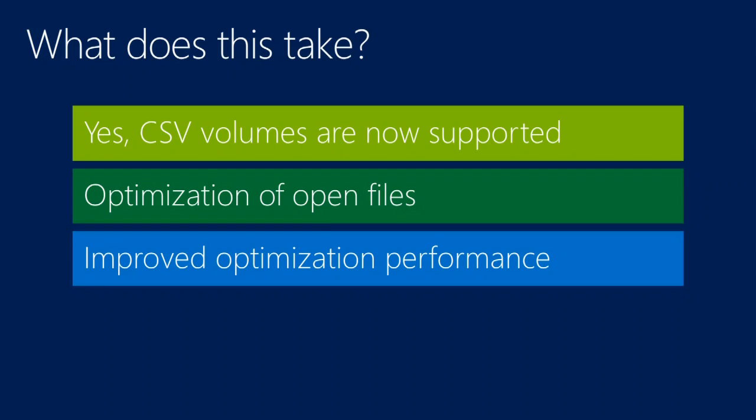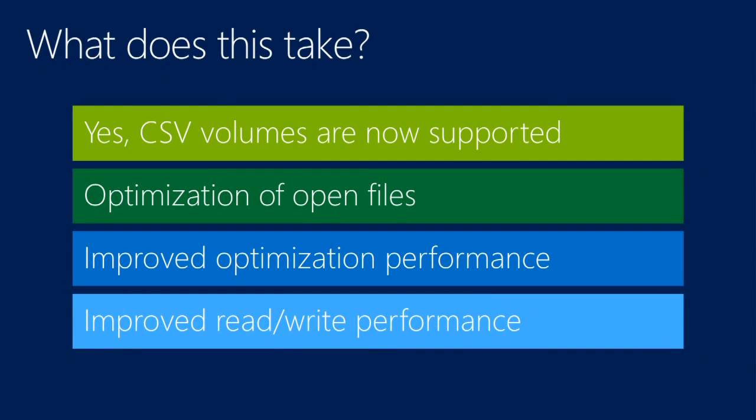In a VDI scenario, you would expect that you would have to be able to keep the optimization keeping up with the changes that happen on that volume. So we have to be able to optimize and have performance in the optimization in the background while the VDI files are running. And then, of course, the VDI files and the VMs need to be performant and responsive.